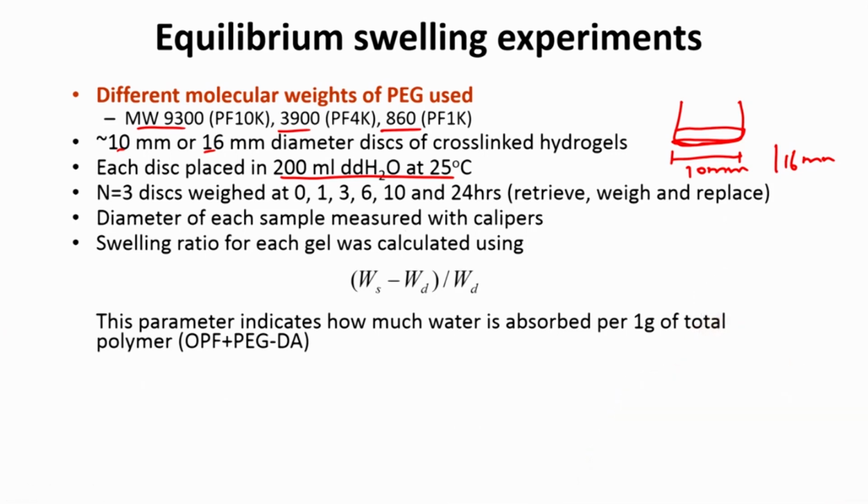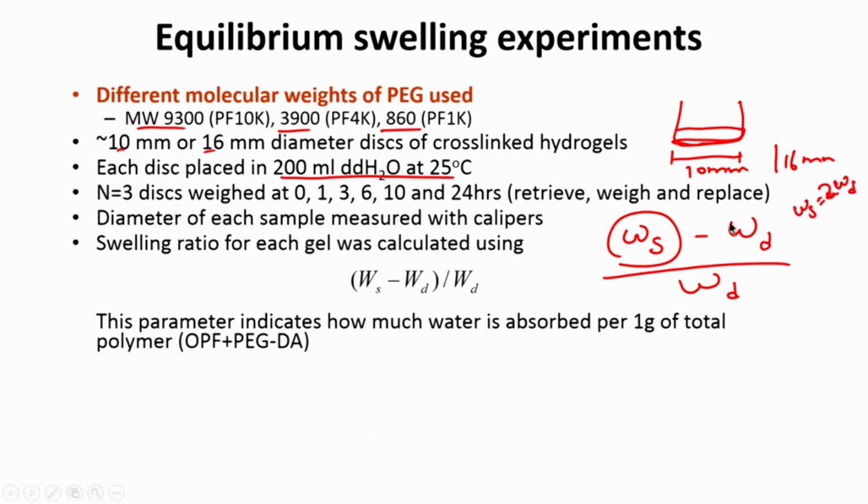If it has swelled, it is because lots and lots of water went in. After swelling there is a certain weight Ws, and before swelling there is a certain weight Wd, and the ratio is basically how much it has swelled. If it swelled twice, then we have a swelling ratio of 1. So, it has become double the size.